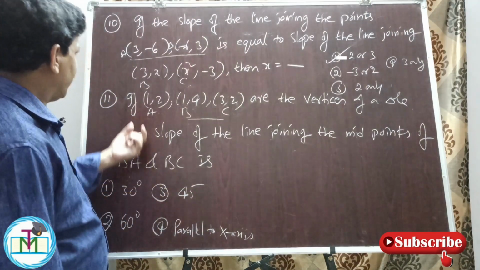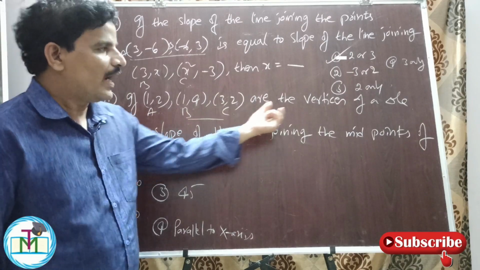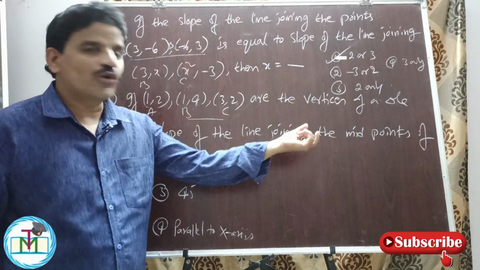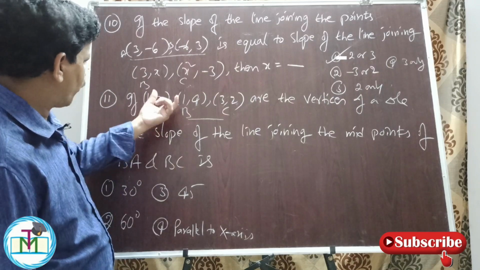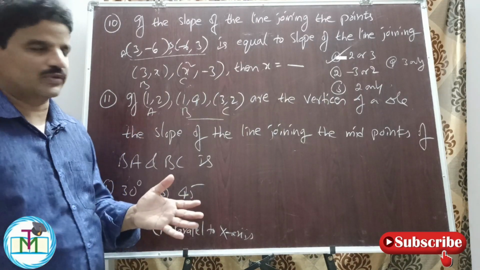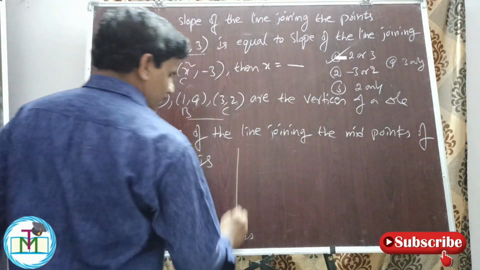Question number 11. If A 1 comma 2, B 1 comma 4, C 3 comma 2 are the vertices of a triangle, then the slope of the line joining the midpoints of BA and BC is. Here we can calculate the midpoints and then go for slopes.